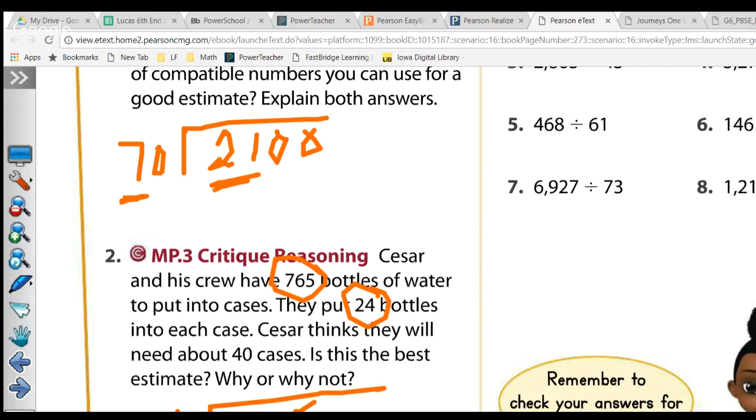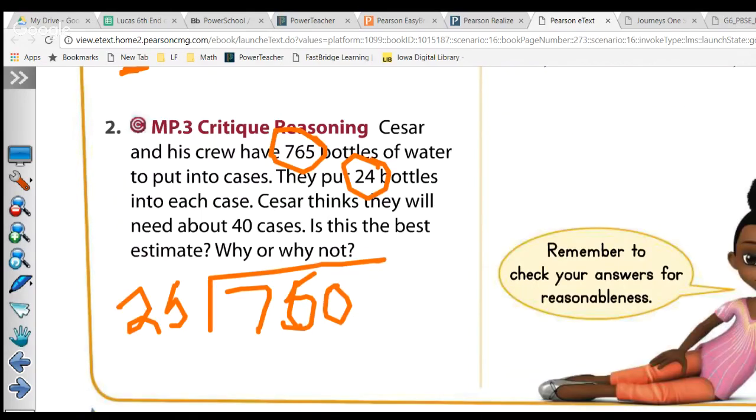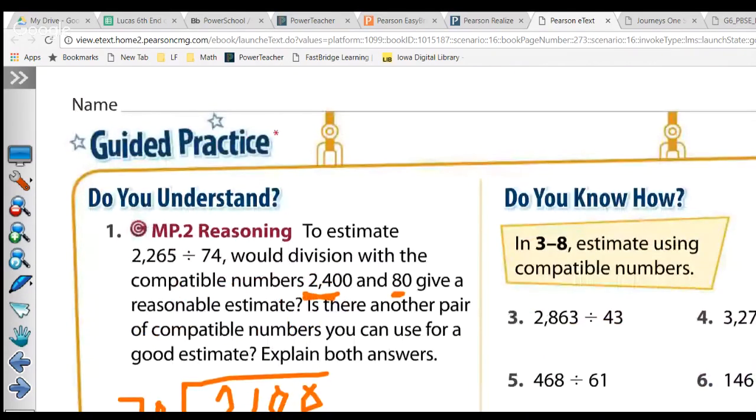So let's take a look over here. Okay, so here we're going to use compatible numbers in 3 through 8 to estimate our answers. One of the ways I would start, especially if you're not sure what would make good compatible numbers, is on number 3. I would start with your 43, and I would decide which way I want to take 43.